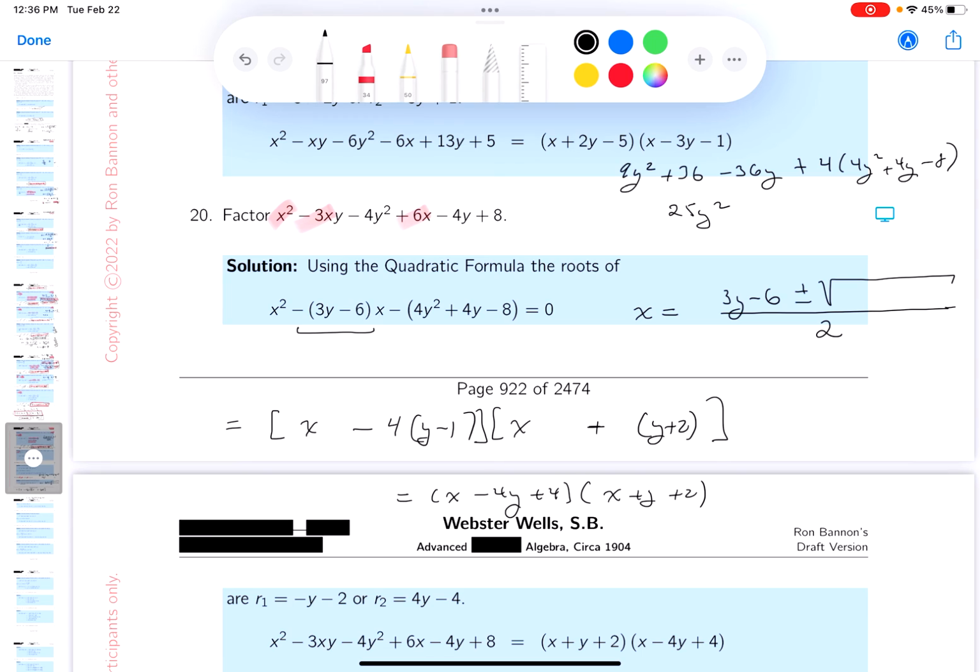And now let's do the y's. I got minus 36 and 16, minus 20y. And then I get 36 minus 32, so that'll be plus 4. Well, I'm seeing that as 5y minus 2 squared.